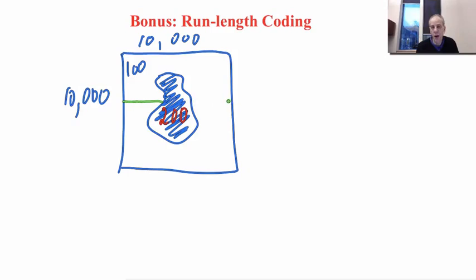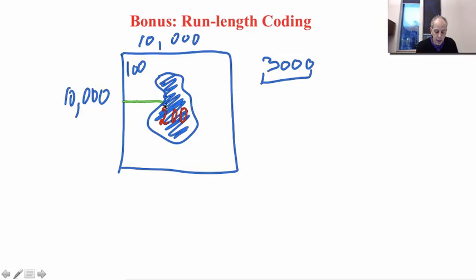Basically, this last count we don't have to do if we know that there is only one transition. So let's say there are 3,000 times the value 100. Instead of encoding 3,000 times 100, we encode this value.